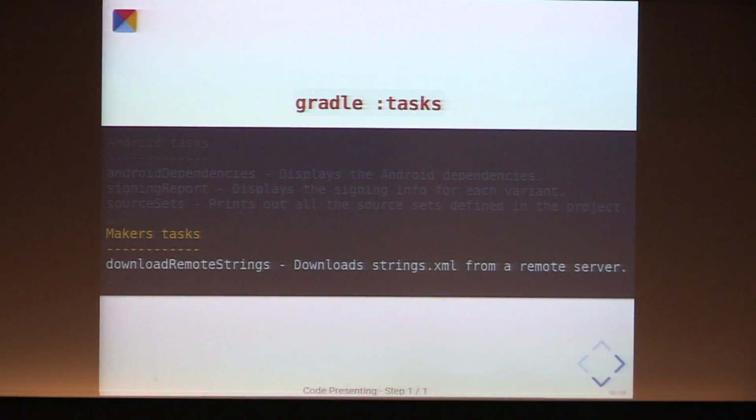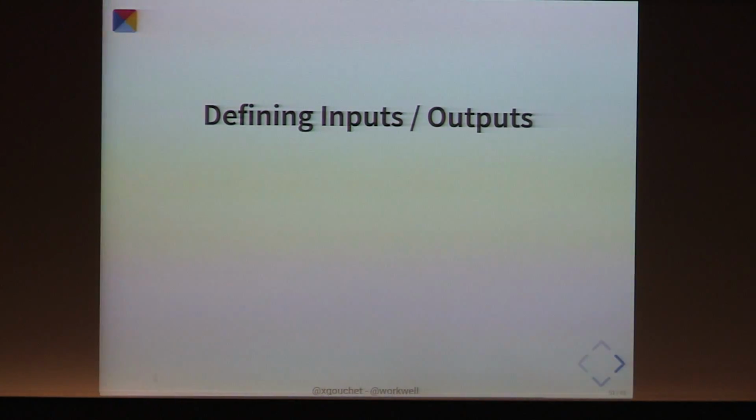So it's interesting. You can define inputs and outputs. You already know that when you run tasks, sometimes you have the up-to-date message that comes next to your task. Basically, it says, okay, the inputs of your task didn't change, the outputs didn't change, and so I don't have to update the task.